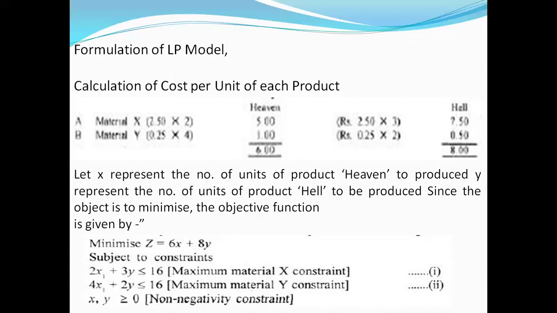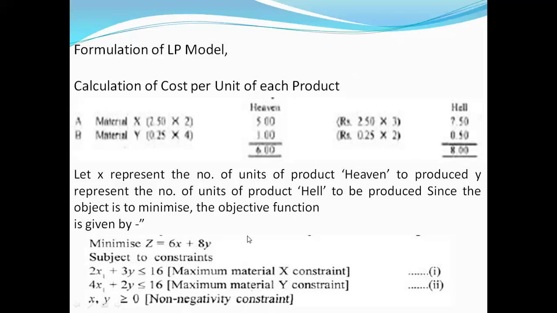The overall composition has to be utilized for manufacturing both the hell and the heaven, and considering that minimization is equal to z, z is equal to 6x plus 8y. Here 6 represents the heaven cost and 8 represents the hell cost. So upon minimization, that is 6x plus 8y, and it leads to the constraints.